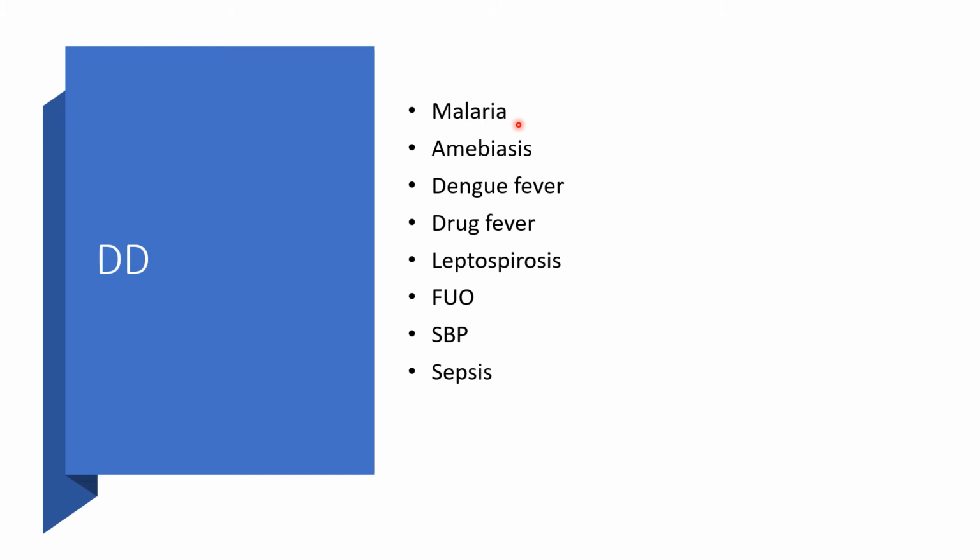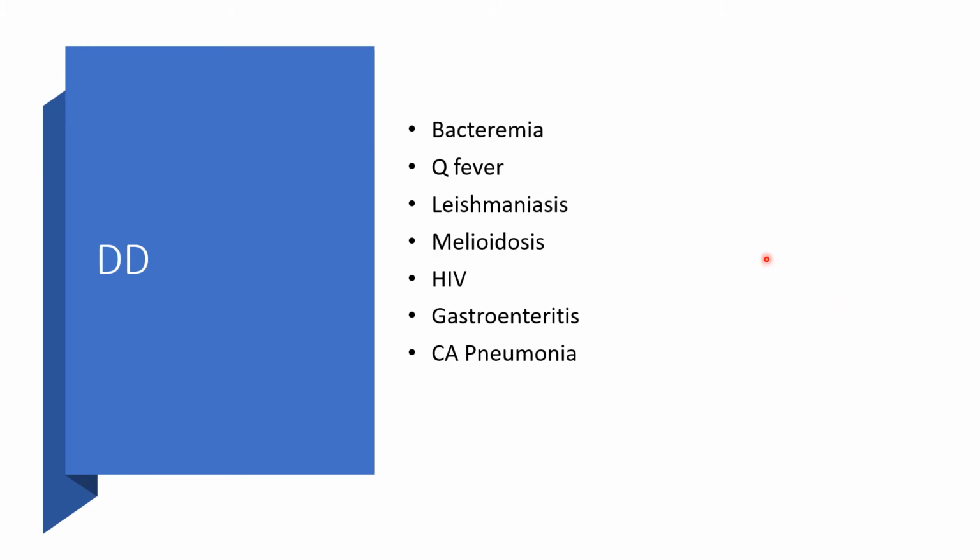Okay, so one of the differential diagnoses here is malaria, amoebiasis, dengue fever, typhus fever, leptospirosis, fever of unknown origin, spontaneous bacterial peritonitis, sepsis, bacteremia, Q fever, leishmaniasis, melioidosis, HIV infection, gastroenteritis, community-acquired pneumonia.